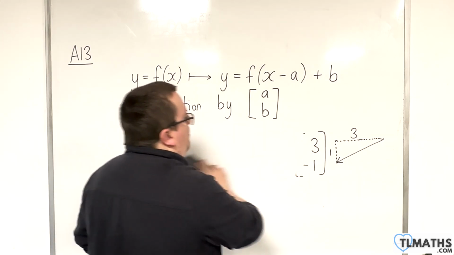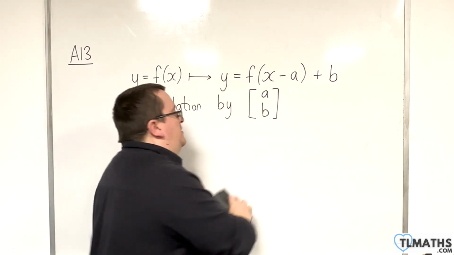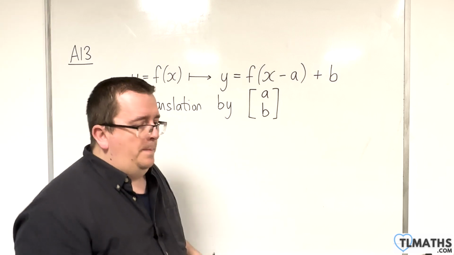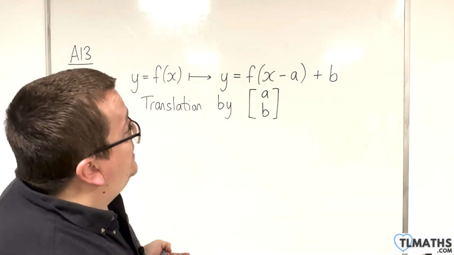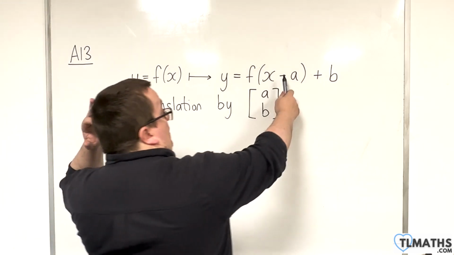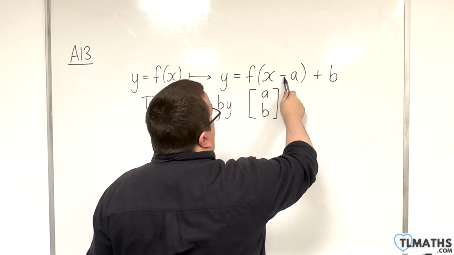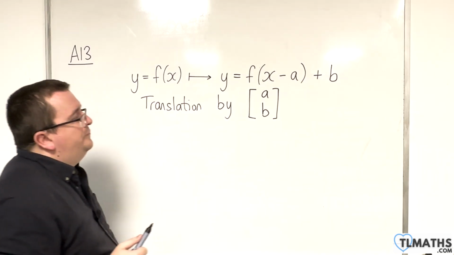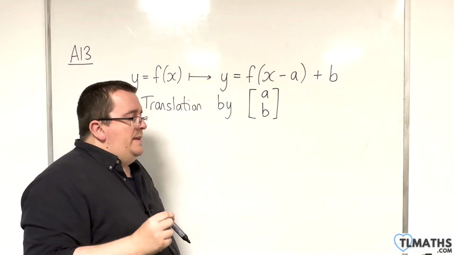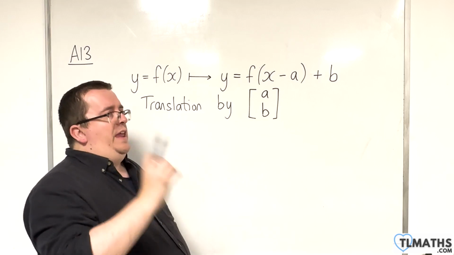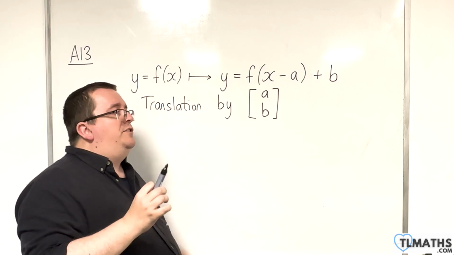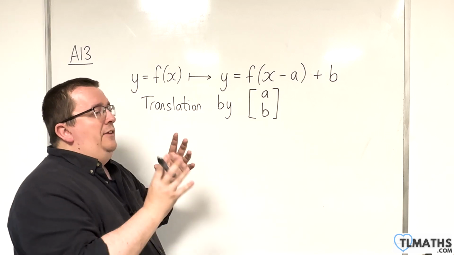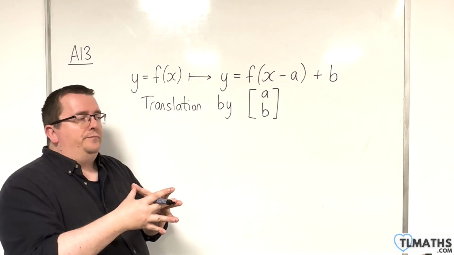Now, I said that there were a couple of things to unpack there. So one thing is to make sure you understand what I mean by a vector. And the second thing is the reason why we've got a minus there and a plus there. The easiest thing to make a connection with is completing the square.